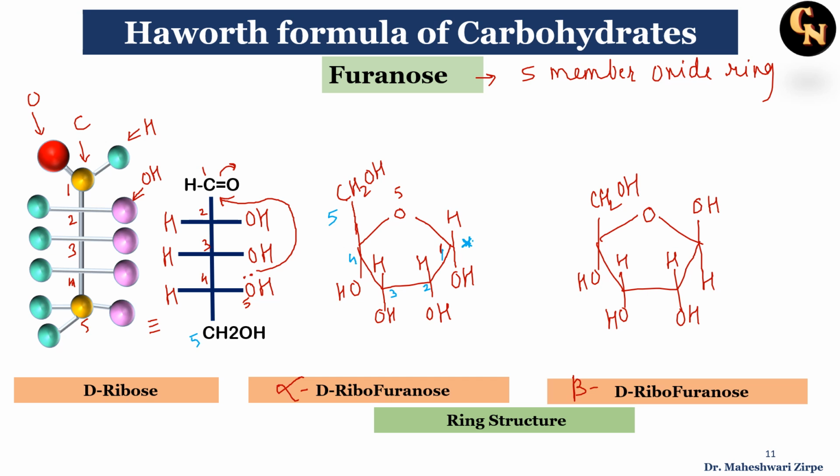So I guarantee you now that you can write both the projections, Fischer as well as Haworth, and I have made the concept clear of 5-membered ring as well as 6-membered ring, that is pyranose and furanose, and how to write the alpha and beta structure using Haworth projection.